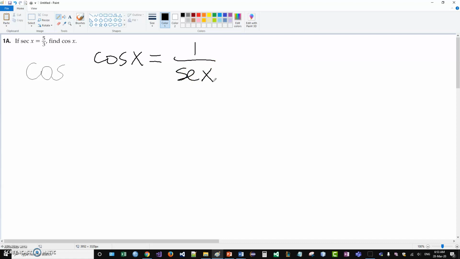If secant x is 5 over 3, this would be 1 over 5 over 3, which is 3 over 5. And that's it. Pause the video and try to do this yourself.